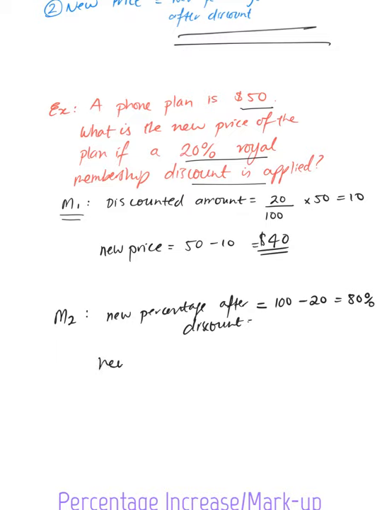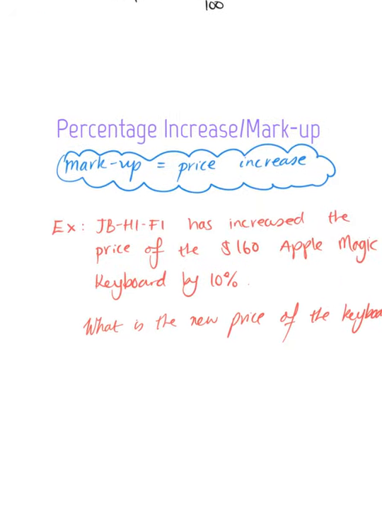To find the new price, I need to take 80% of the original price. So 80% can be rewritten as 80 over 100, and the old price was 50, and this also gives me $40. I have found that both with methods 1 and 2, that when a 20% discount is applied to a $50 plan, the new price is $40.